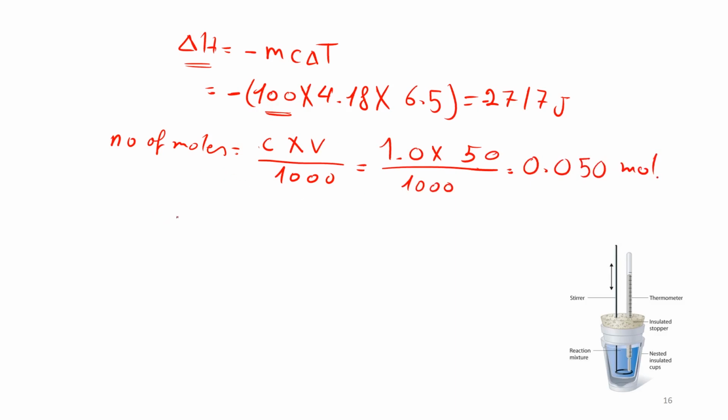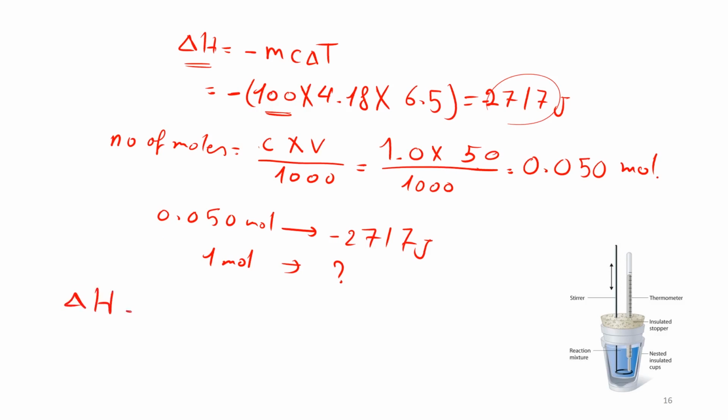So if I have 0.050 mole, this means I got this amount of energy, my enthalpy change. Now, what if I have 1 mole? What will be my enthalpy change?